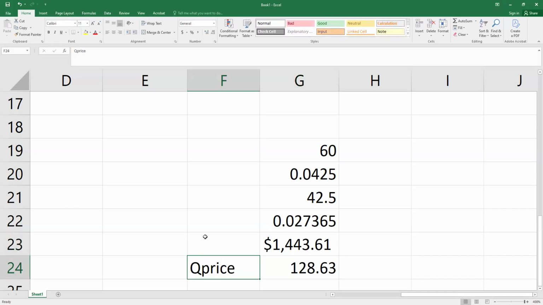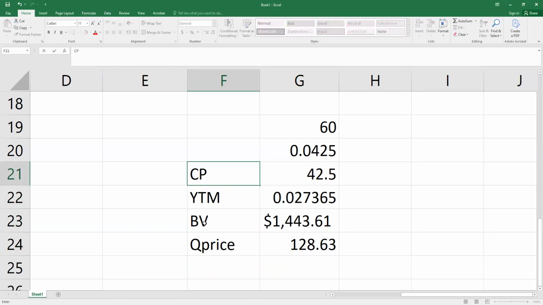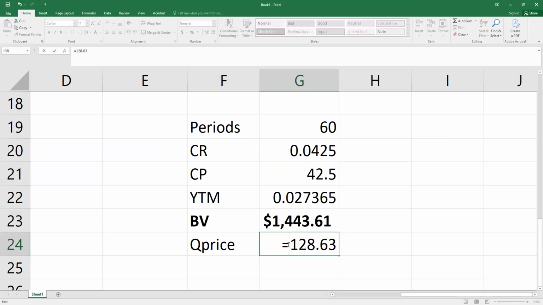This is the bond value that we estimate. This is YTM. This is coupon payment, coupon rate, and periods. We estimate this. So the quoted price is basically 128% multiplied by 1,000. That percentage.